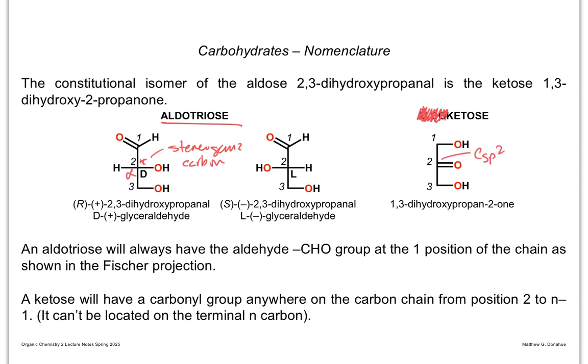So it's sp2 hybridized. It no longer has a stereocenter. So that's why there's only one of them. And so in these different metabolic pathways, sometimes these isomerizations occur because the ketose is needed and not the aldose.